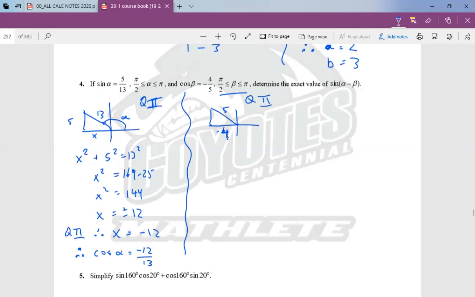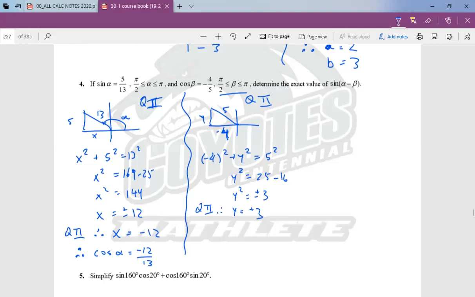When we deal with this, we have 4 squared plus y squared is equal to 5 squared. Y squared equals 25 minus 16. Y squared is equal to ±3, but we're in quadrant 2, or y is equal to +3.